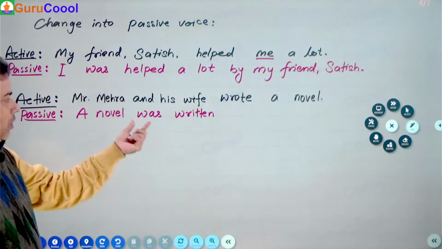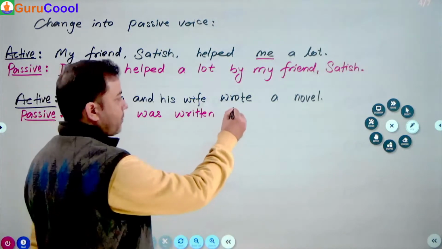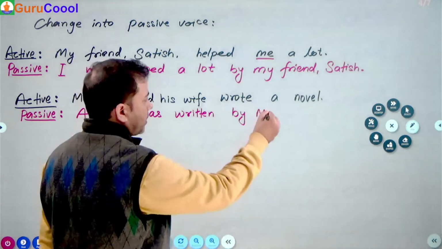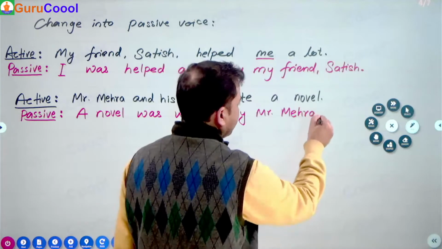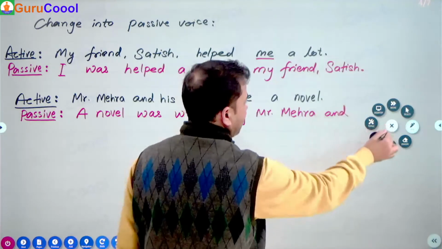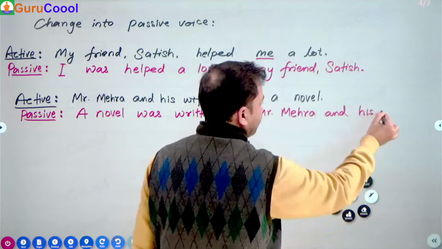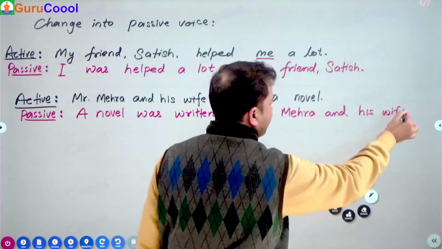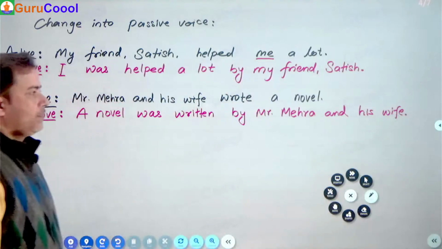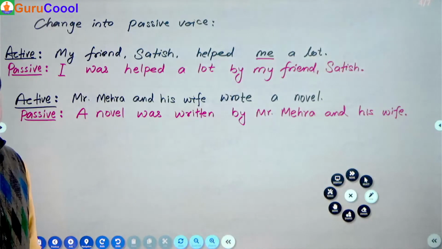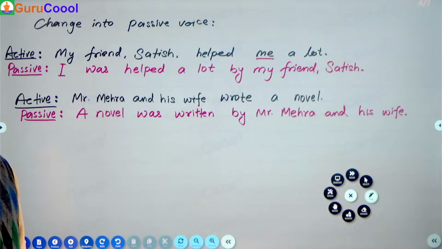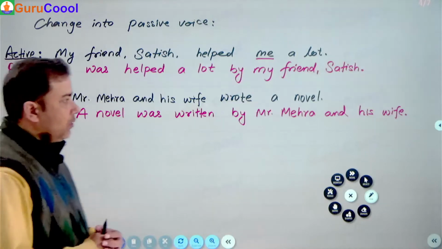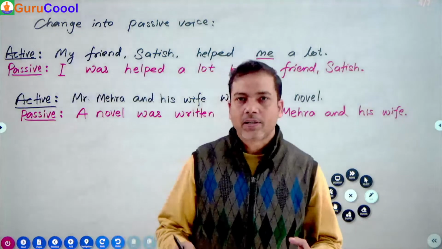A novel was written by Mr. Mehra and his wife. Correct, Rishidev. Good. Well, so I gave you 2-3 examples.